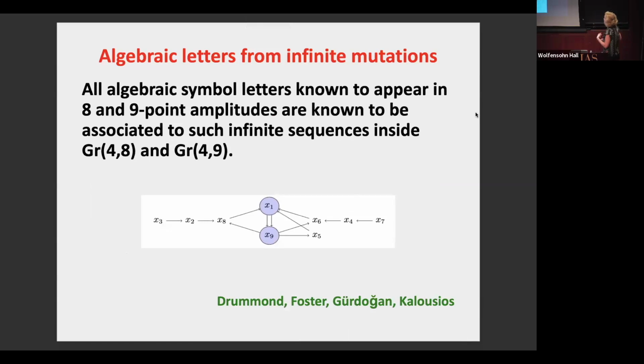Okay, and one can check, and that's been done by James Drummond and his group, that all algebraic symbol letters known to appear at 8 and 9 points, those square roots that I had on the list, are known to be associated with these infinite sequences inside of GR48 and GR49.